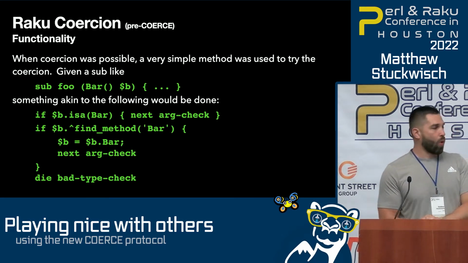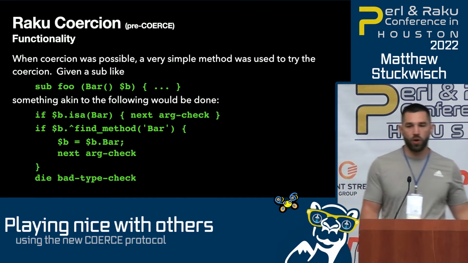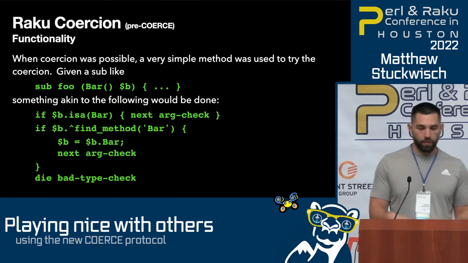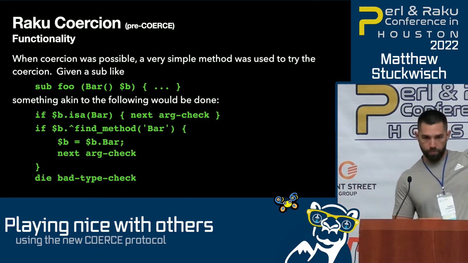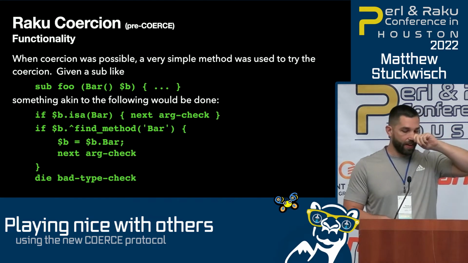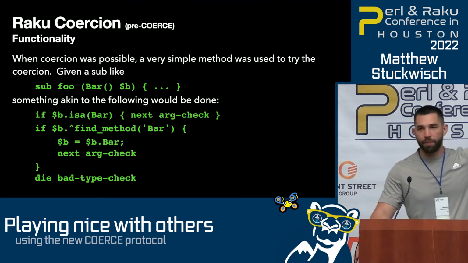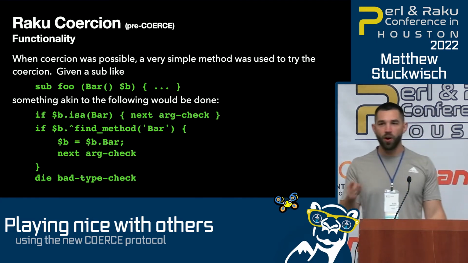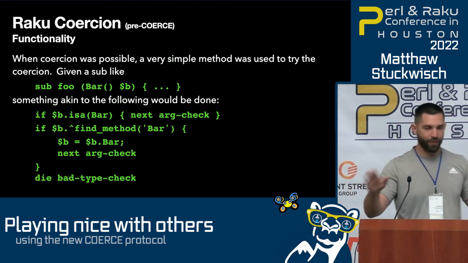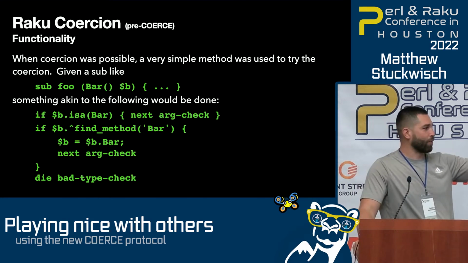And when we wanted to coerce, how did coercion work? Well, basically, given a sub foo with a bar coercion type, we would do, and this is not actually what's happening, that's why I say it's akin to, because I already see somebody who's going to say, no, but actually in the coercion, no, all right? Just to make sense of what we're doing.